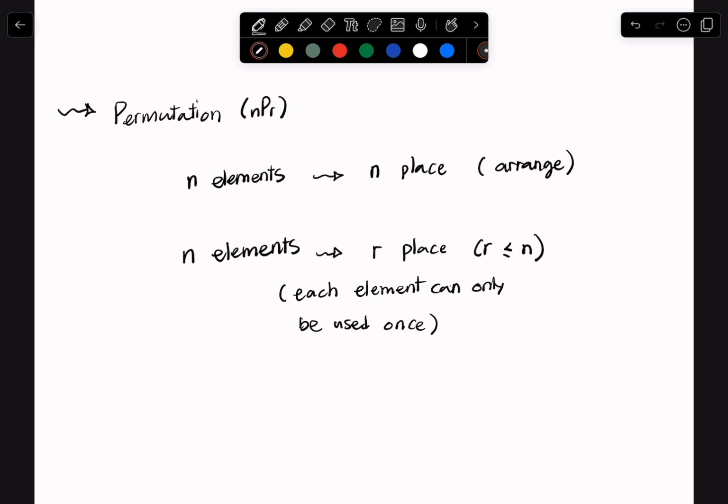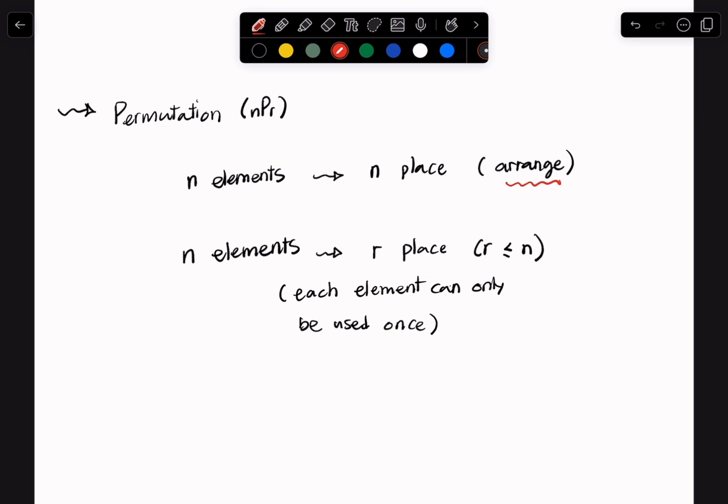Okay, and now I'm going to point out some vocabulary first. It's more like an English language thing, like how to name this situation. We know that if we have n elements for n spaces, which is the first case we just talked about, we call this situation an arrangement.